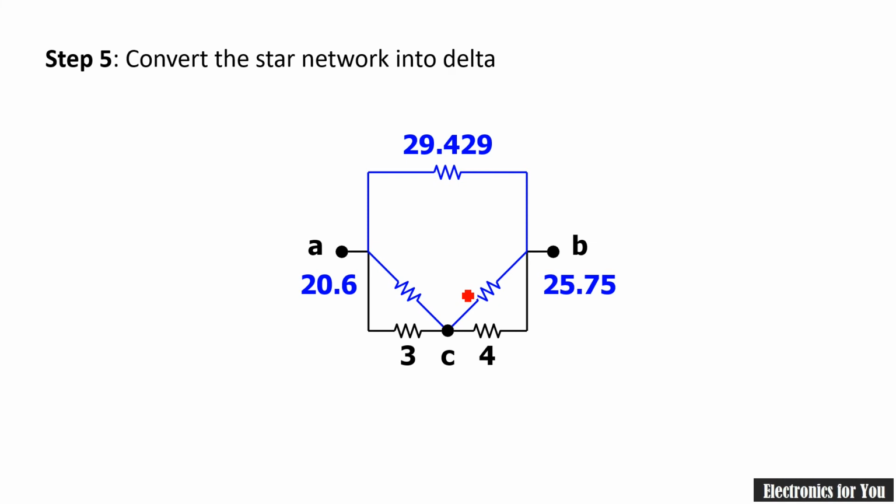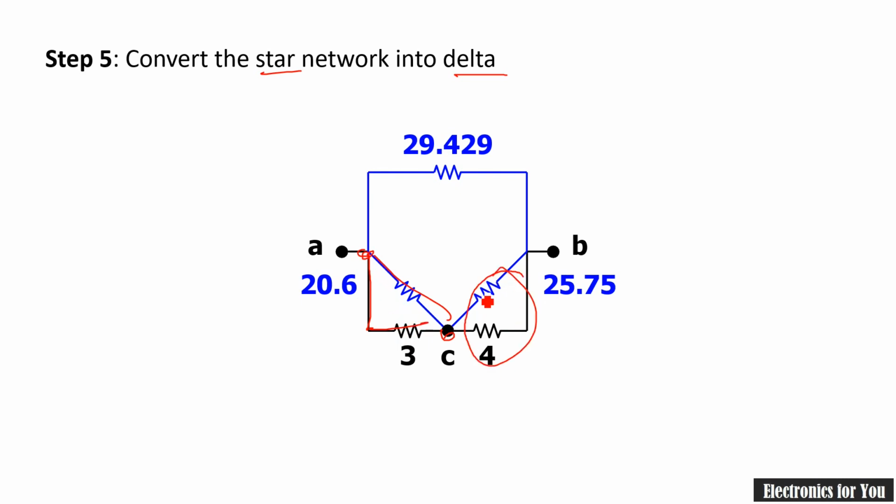Now for the next step, as we have already used the star to delta transformation, further we can solve it by using series or parallel resistances. In this case, in between A and C, a 20.6 ohm resistance is connected. Also in between A and C, a 3 ohm resistance is connected, which means these two resistances are in parallel.